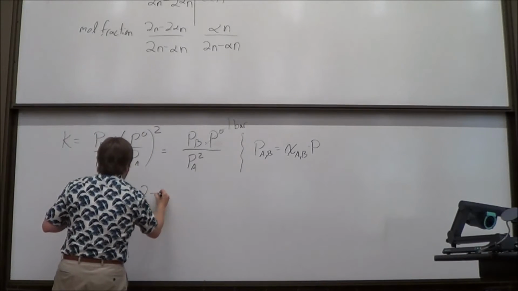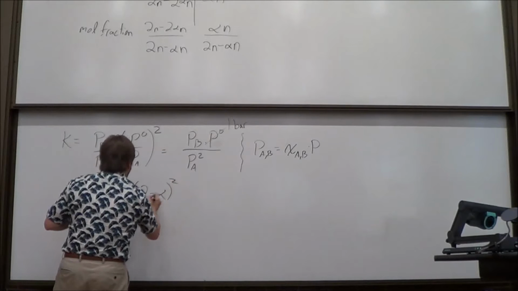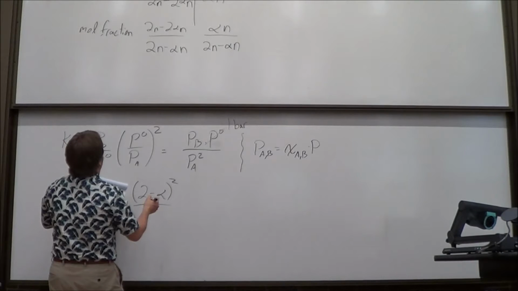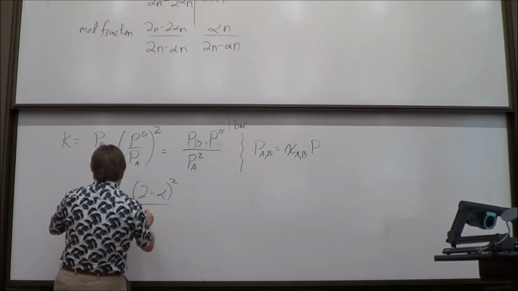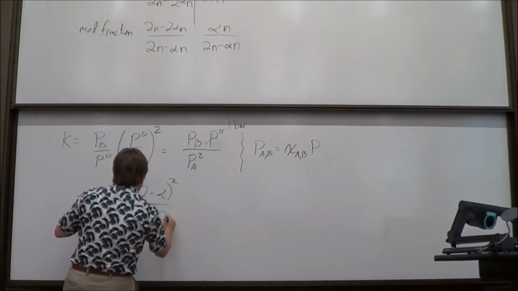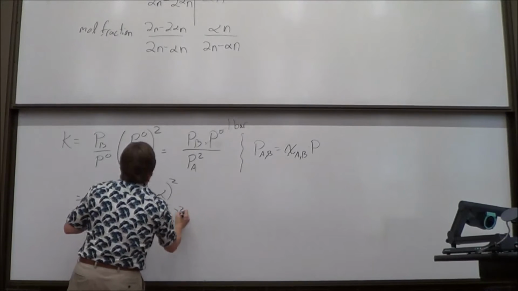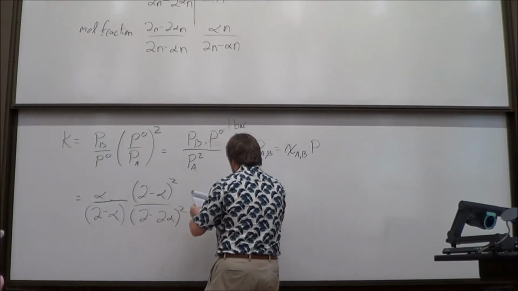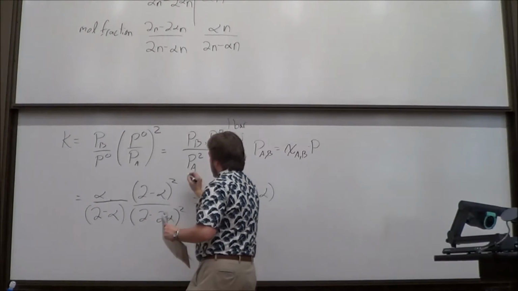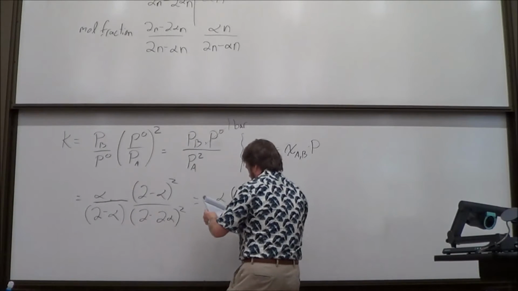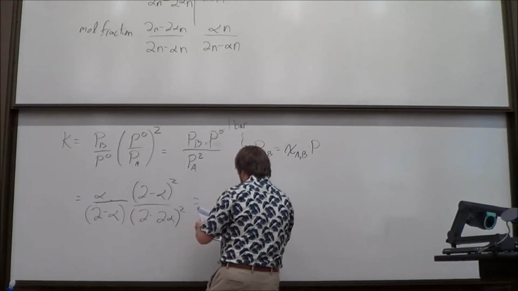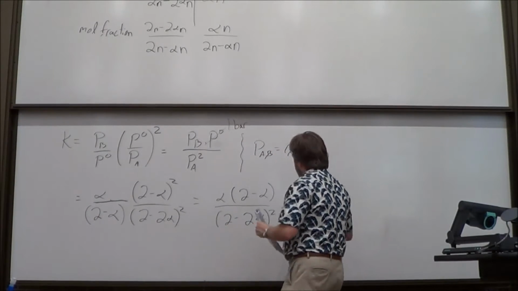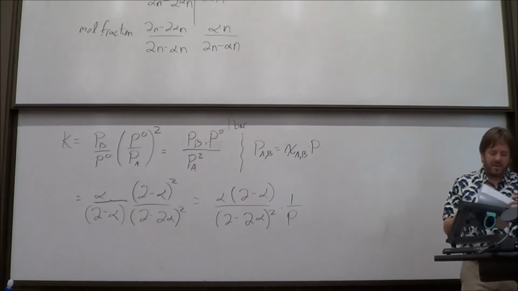That's 2 minus alpha on top, squared, over 2 minus 2 alpha on the bottom, squared. And then we can simplify this to alpha, 2 minus alpha, cancel, over 2 minus 2 alpha squared, times 1 over pressure. Okay, so there you go.